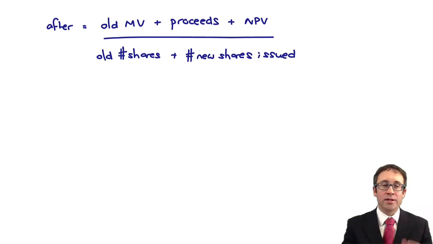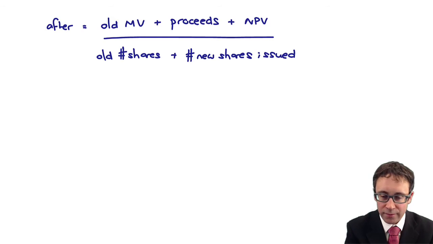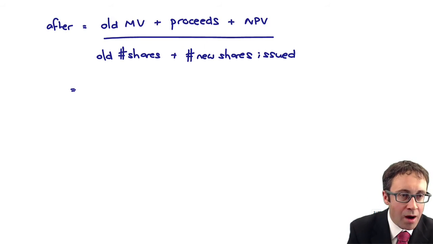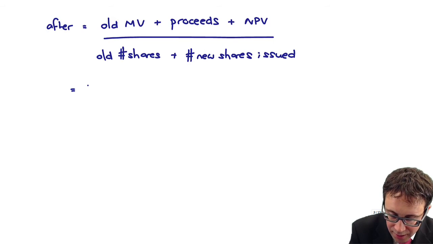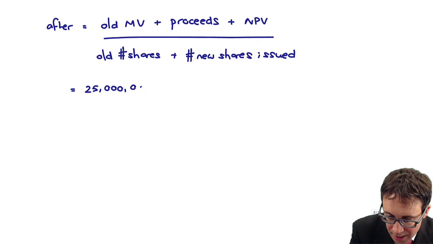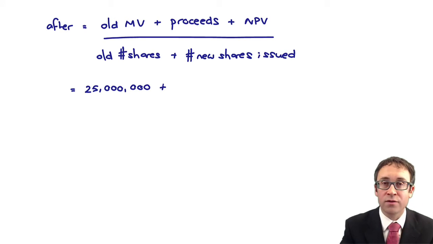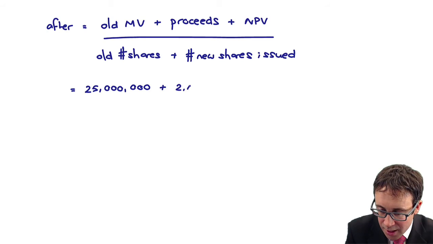Okay, and all that information is in the table above. So the old market value, I think, is going to be 25 million. There were 10 million shares, each worth $2.50. The proceeds that we've got are there, is it 2.4 million?